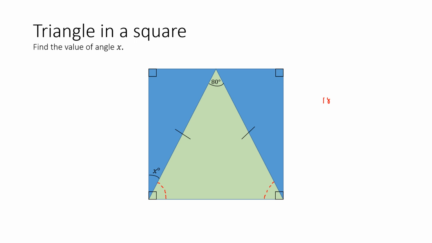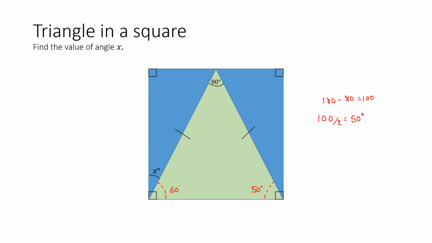So we're going to do 180 subtract 80, which gives us a value of 100. Okay, so now we know that these two angles together, added together, equal 100. But because they're equal, it's very easy to find the value of one. We're going to do 100 divided by 2, which gives us a value of 50. So both these angles now, we know, have a value of 50.